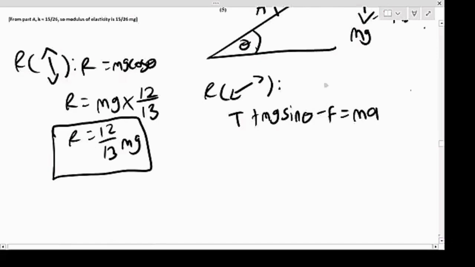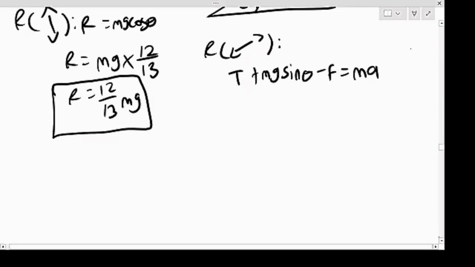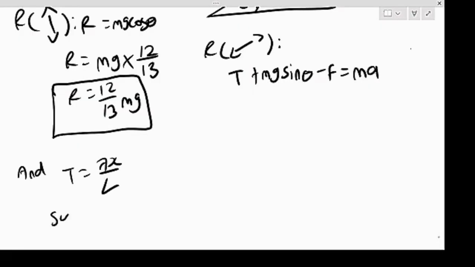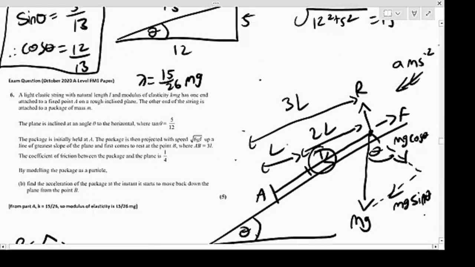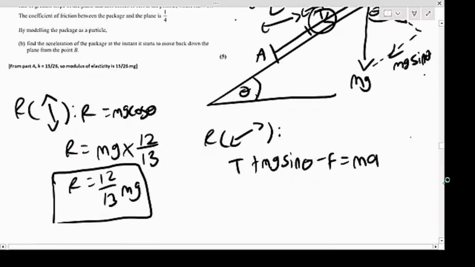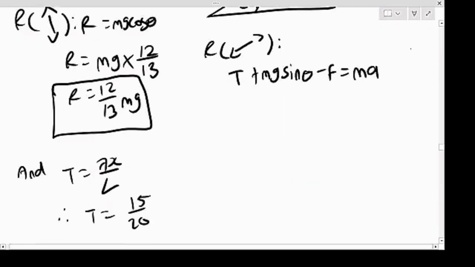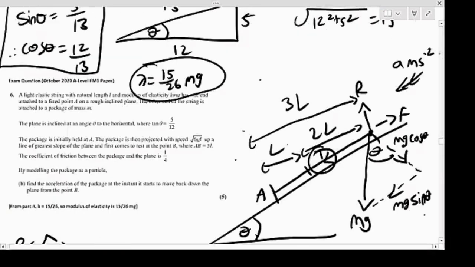So obviously then, to find the acceleration, we're going to need to find T and F. Okay, well, firstly, I could find T using Hooke's law. So that means T, when my modulus of elasticity is 15 over 26 mg, times the extension. Now, the extension is 2L here, right? Hopefully you can see that.